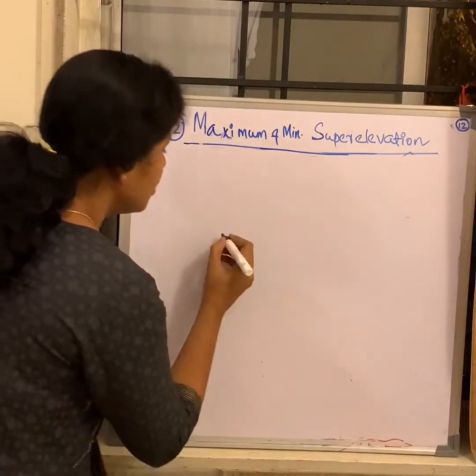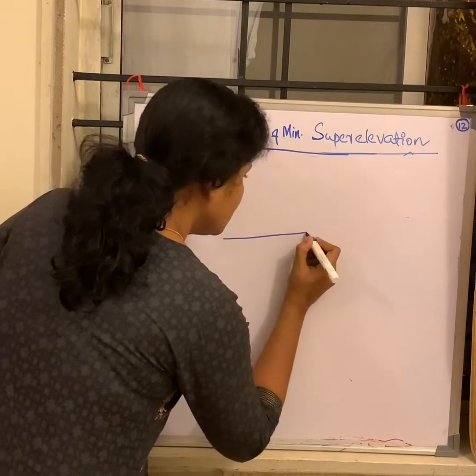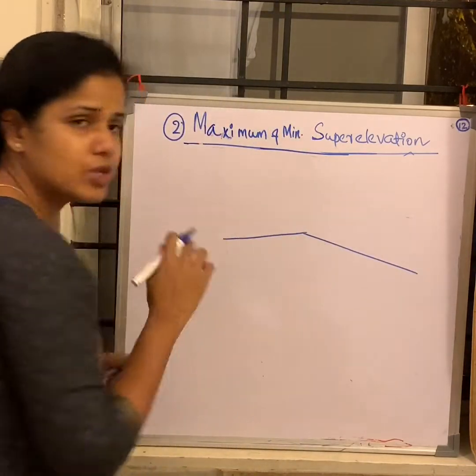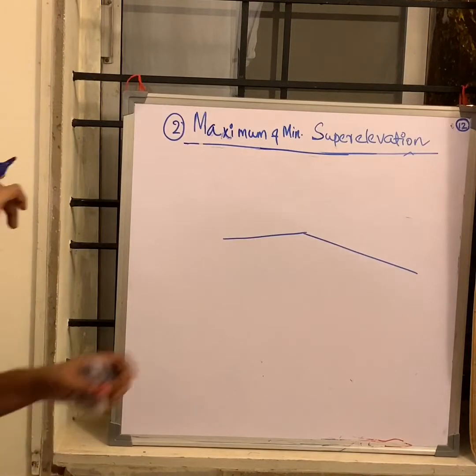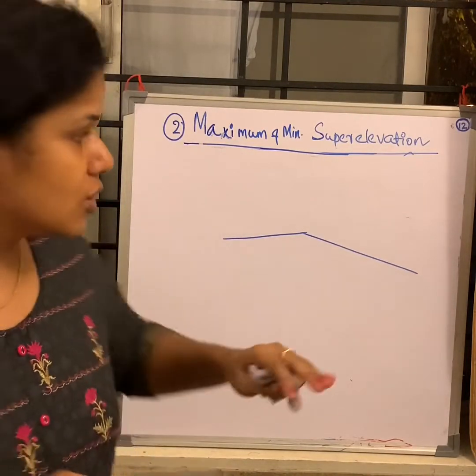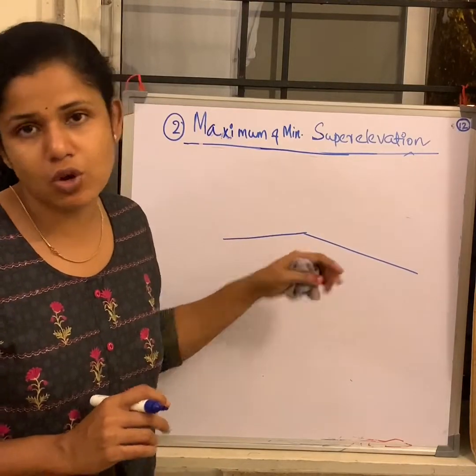Now we all know that we provide a cross slope or a camber on the road surface to drain off the surface water, right? This is a must. The minimum super elevation is more or less compared with the cross slope you are providing.